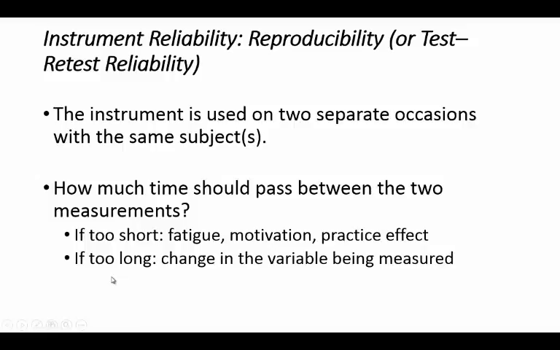So if it is too short, again, it's not a good thing. If it's too long, it's not a good thing. But what is too short and what's too long depends on what you are measuring. So instrument reliability means that the instrument is able to measure a variable consistently over repeated measurements on the same people or the same person.